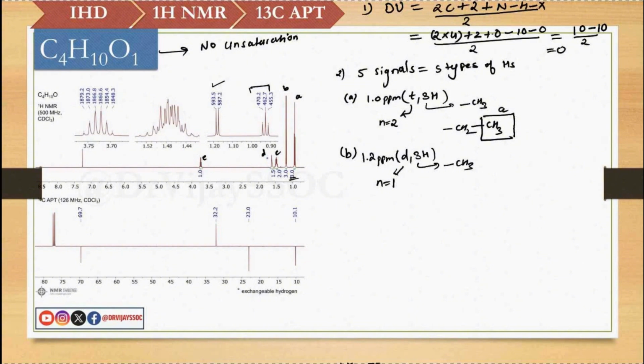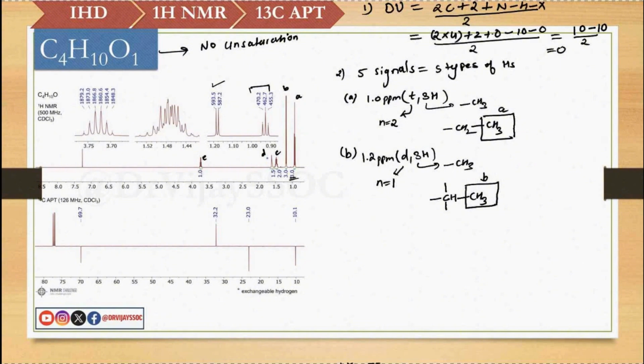So this methyl group is attached to the carbon having 1 hydrogen, something like this. So this is the B type of hydrogen, and there is something like this in the molecule.